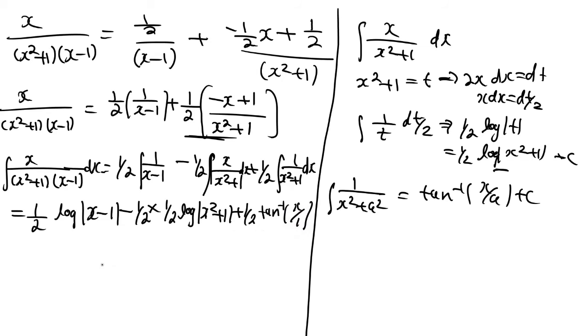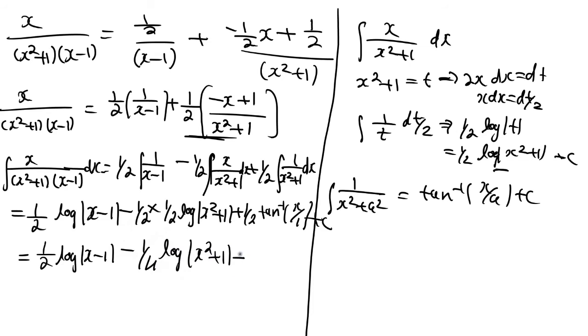So the final answer is 1 by 2 into log of mod x minus 1, minus 1 by 2 into 1 by 2, that is plus 1 by 4 into log of mod x square plus 1, plus 1 by 2 into tan inverse of x, plus integration constant c. It's the required answer.